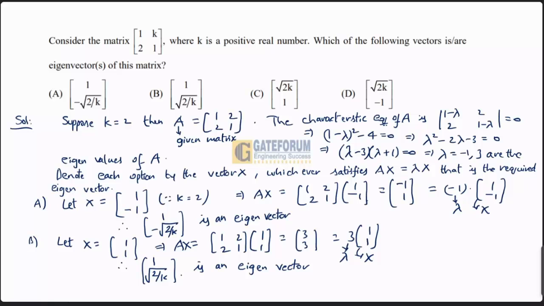Okay. Now option C, root 2 into 2, k is equal to 2. So root 4 is 2. Option C: let x is equal to [2, 1]. This implies A into x, A value [1, 2; 2, 1] into [2, 1].